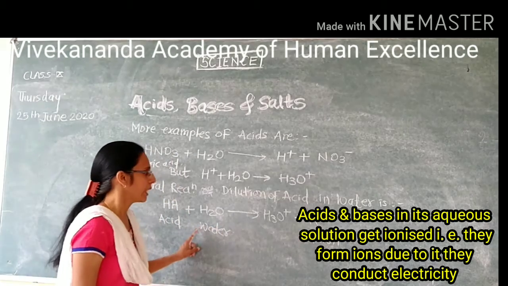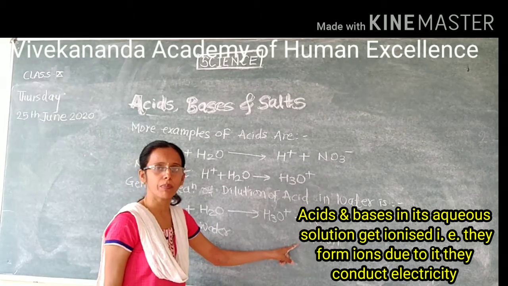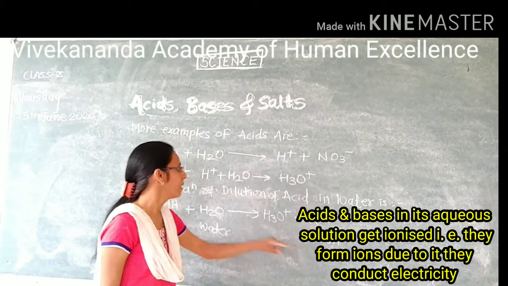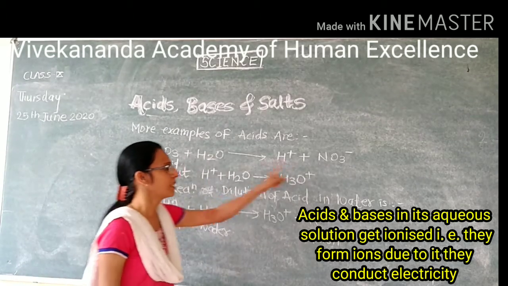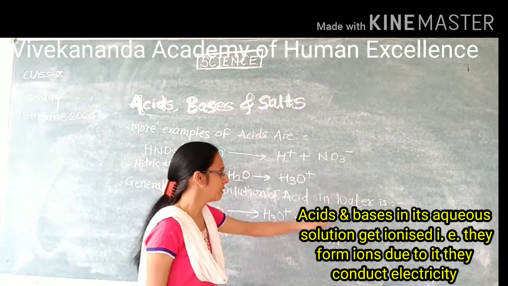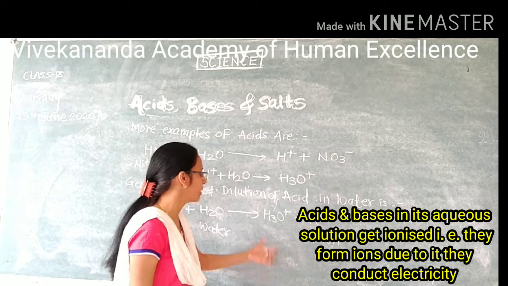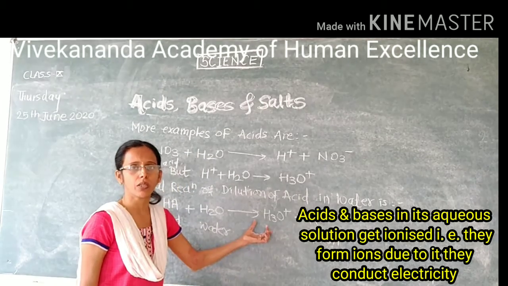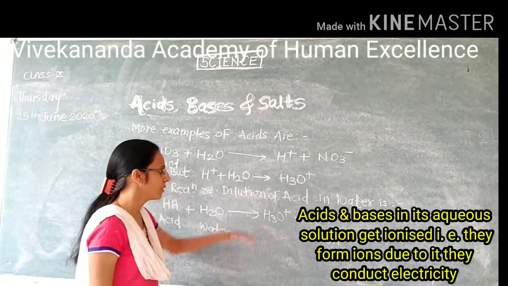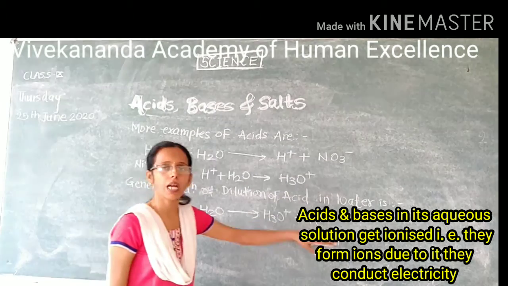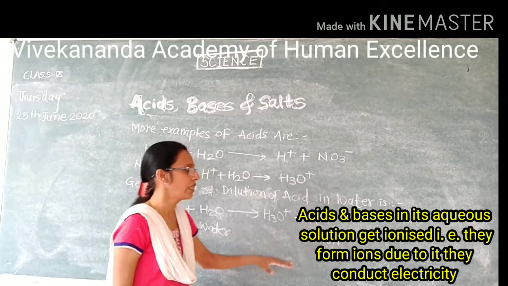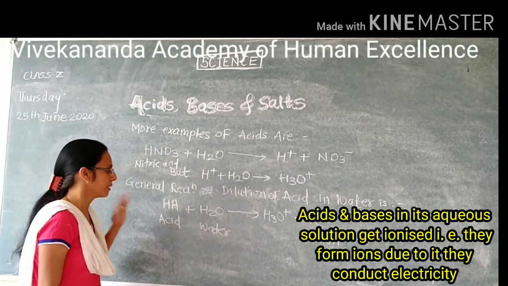If H2SO4, the anion will be sulfate ion, SO4 double minus. If HNO3, it is NO3 minus. Thus anions change, but the common thing is the H3O plus ion: separation of hydronium ion and anion takes place during dilution of acid.